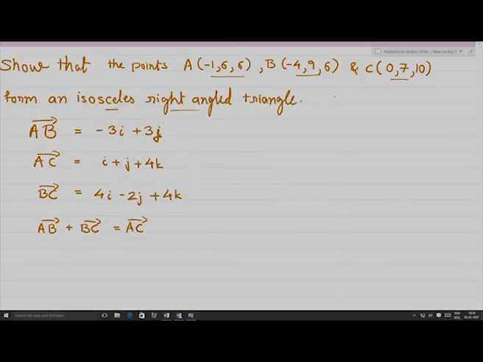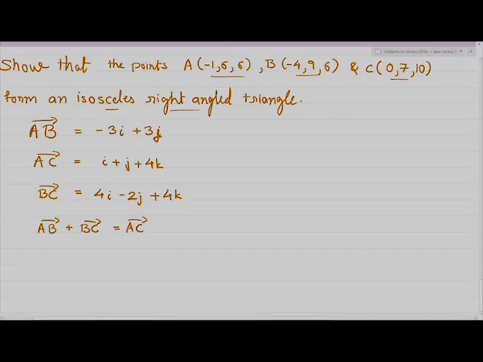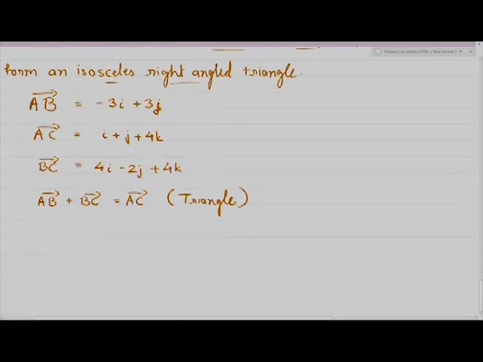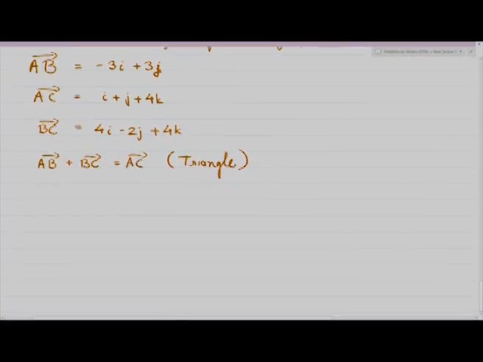AB bar plus BC bar: minus 3 plus 4, which is i, 3 minus 2 is 1, so this is j, and there is 0 plus 4, this is 4k. Okay. So, AB bar plus BC bar is equal to AC bar. So, this ensures that the triangle is formed, or we have again used the triangle law.